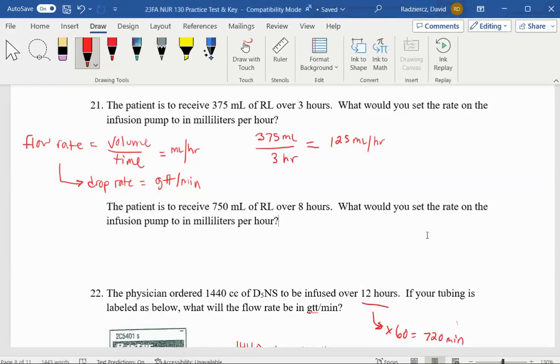See if you can get a flow rate in milliliters per hour. Put your answer into the chat. You can send it as a DM if you don't want to announce your answer to everybody else. If you don't have a problem doing that, then just submit your answer, and then I'll confirm or deny your answer in just a few minutes.